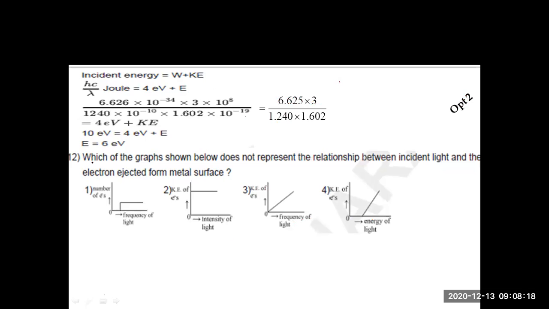The 12th question we'll take. Which of the graphs shown below does not represent the relationship between incident light and the electron ejected from the metal surface?